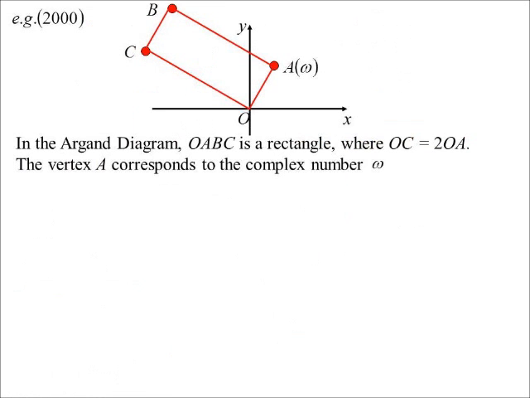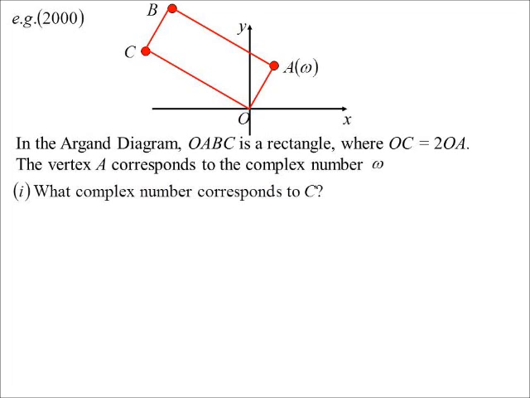So the 2000 paper. In this case, we're told it's a rectangle, and A is omega. The sides of the rectangle: the length is twice the width. The first part of the question says, what point is C? All I know is it's a rectangle, and its length has been multiplied by 2.